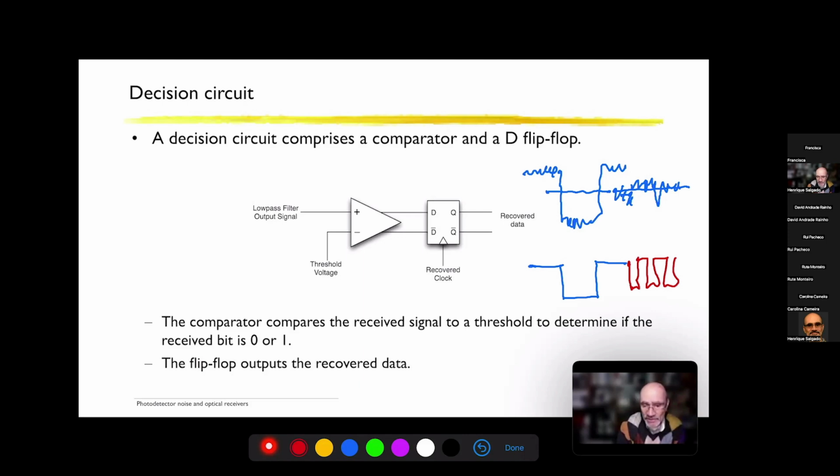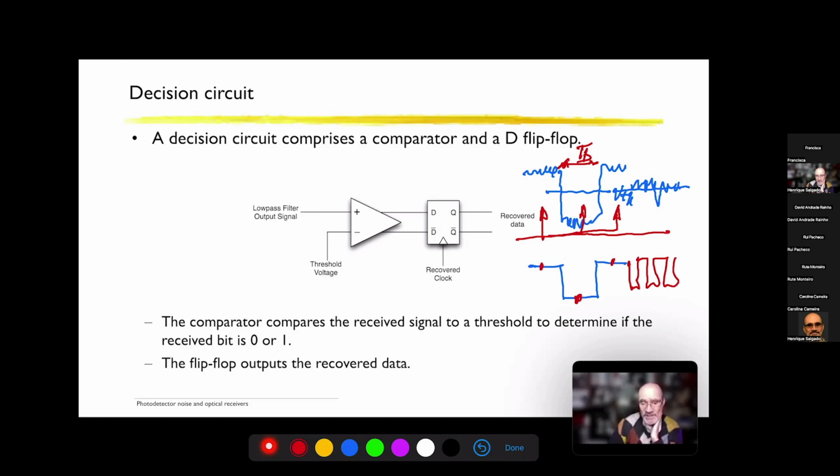But basically, the clock information is used to sample the signal at a certain instance of time. For example, ideally, it should be at half the bit period, if this is the bit period, which samples the signal at these points, at the output of the decision comparator.